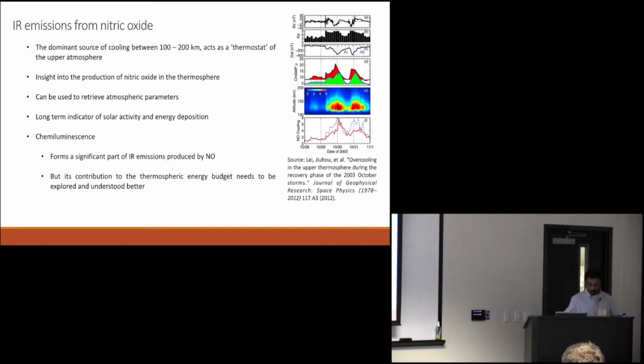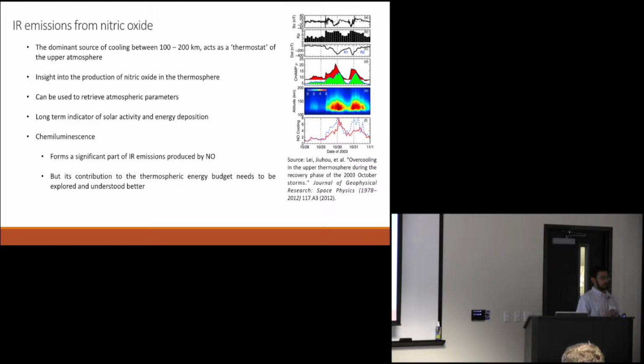So it effectively cools the atmosphere. When you do high resolution studies of this IR emission, you can find out where that NO came from, whether it was produced by N(2D), or by N(4S), different flavors of atomic nitrogen. And I think Dr. Winnick missed a few slides at the end of his talk.